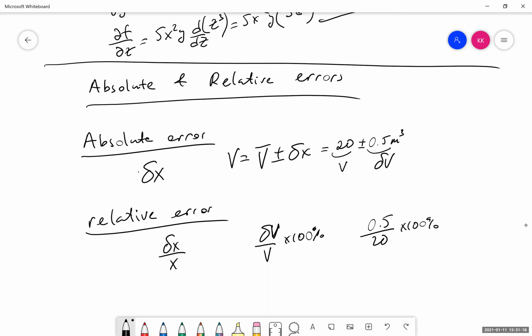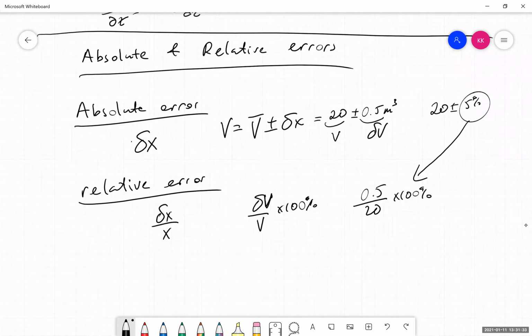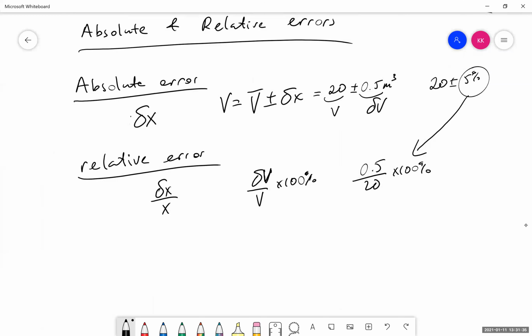And if you're given, for example, 20 plus minus 5%, you can reverse engineer this to get the absolute error. Now, one thing we can do here is calculate the error.